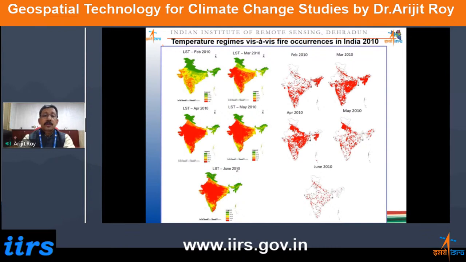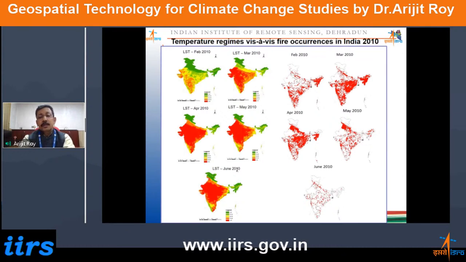So you have a number of fires in the southern part of the country. But as it progresses in March, most of the central part as well as the southern and eastern parts have a significantly higher temperature. And this results in the drying of the vegetation, and you have a large number of fires in the central part of the country.